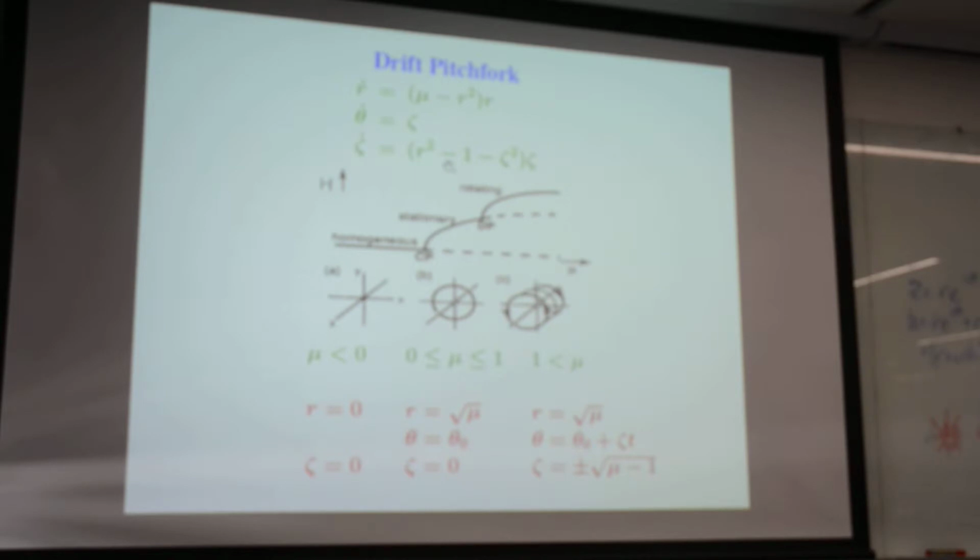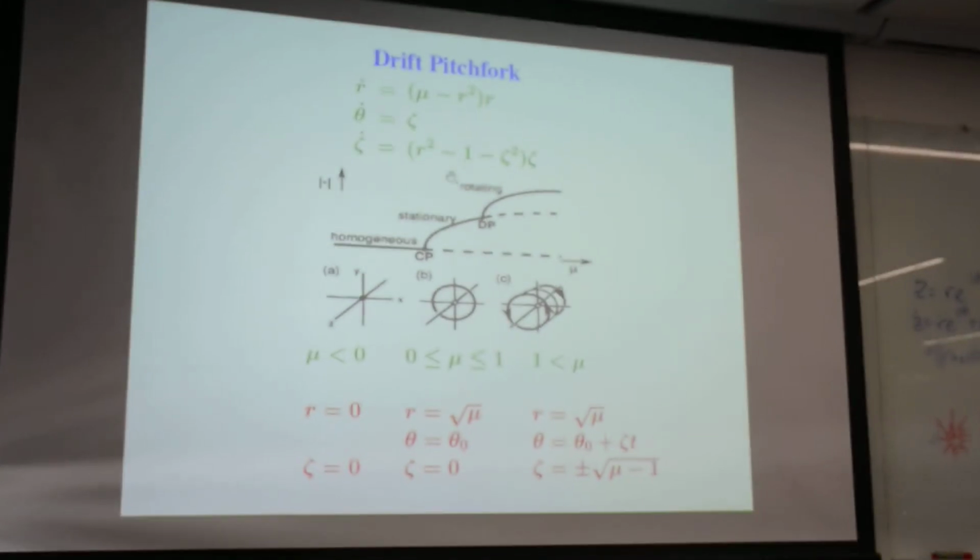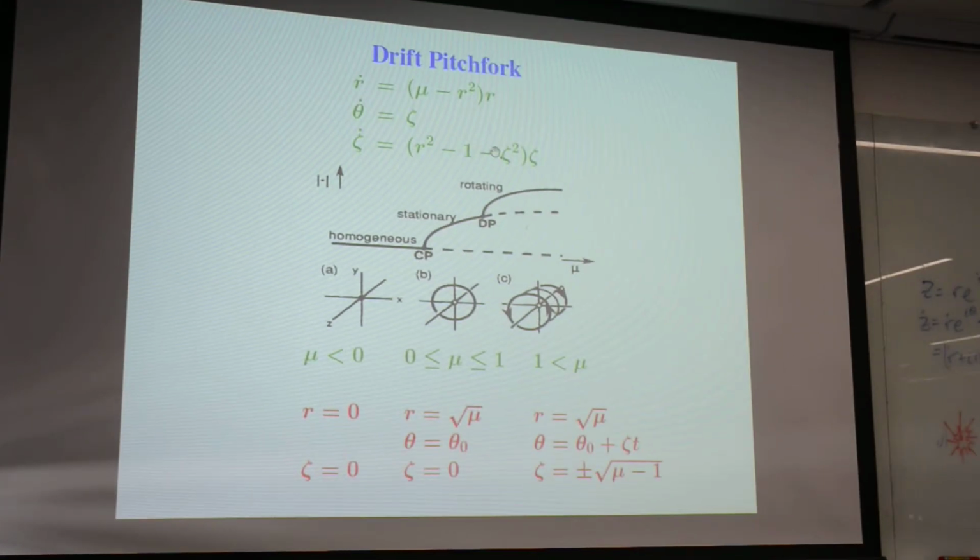Until mu gets to be 1, this r squared minus 1 is going to act like its own kind of mu. And when r squared is less than 1, meaning when mu is less than 1, then this thing can't be 0, and this thing still has to be 0. So we have a solution. This is the zeta direction, in and out of the plane here, and it's 0. And we just have a circle pitchfork.